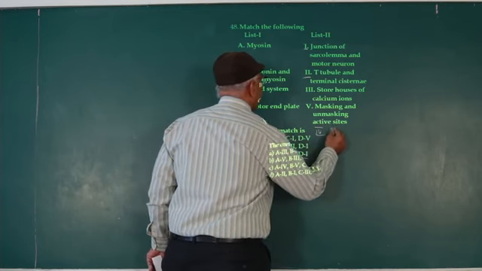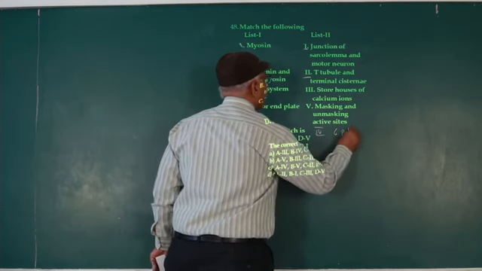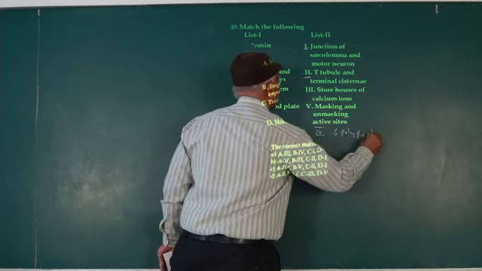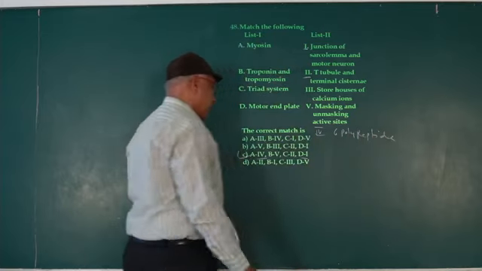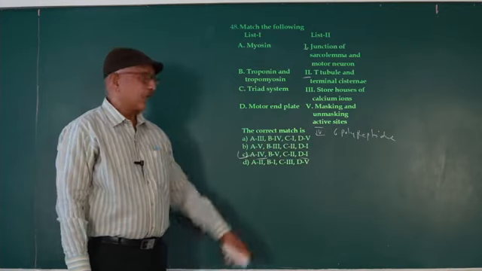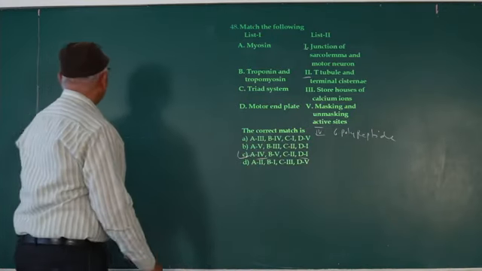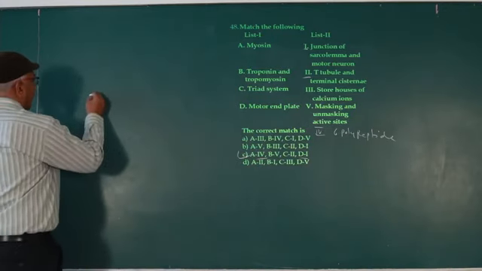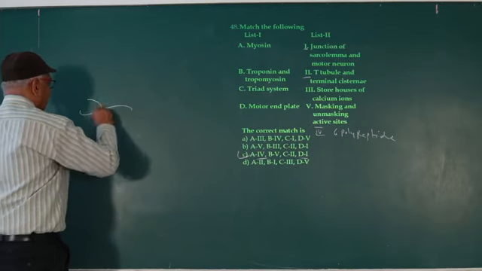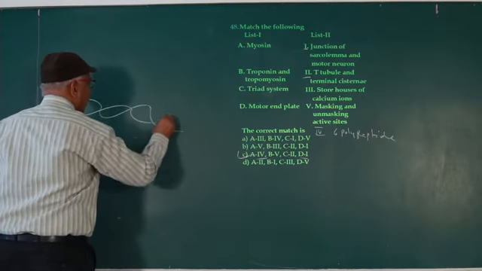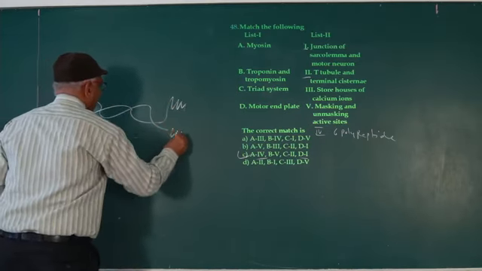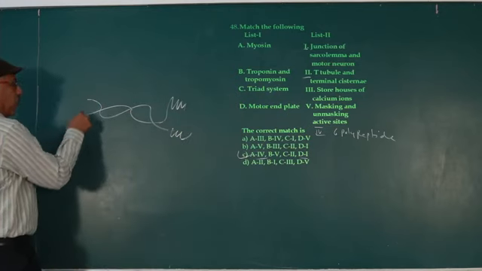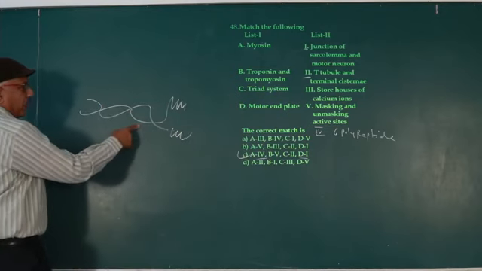Myosin contains 6 polypeptide chains: 2 heavy polypeptide chains and 4 light polypeptide chains. One end of the 2 heavy polypeptide chains forms the tail.